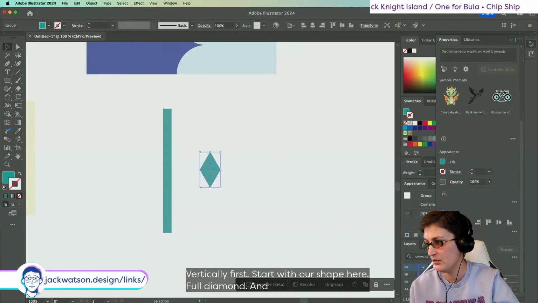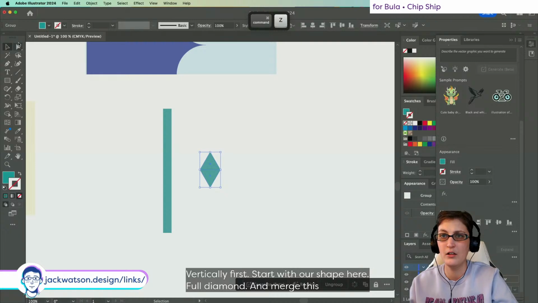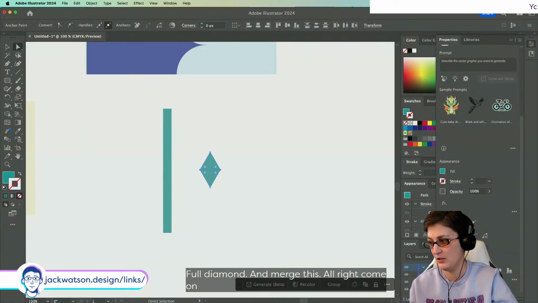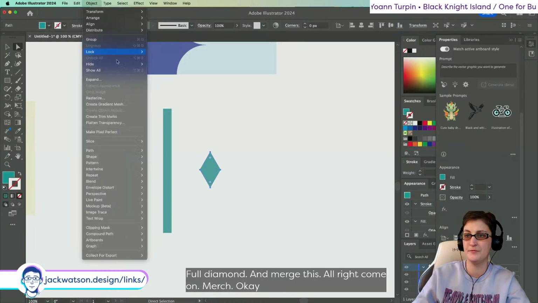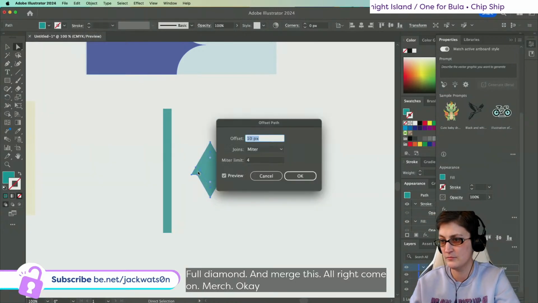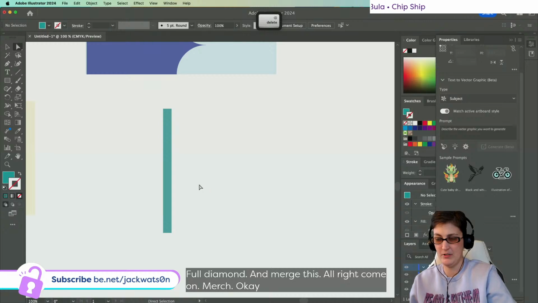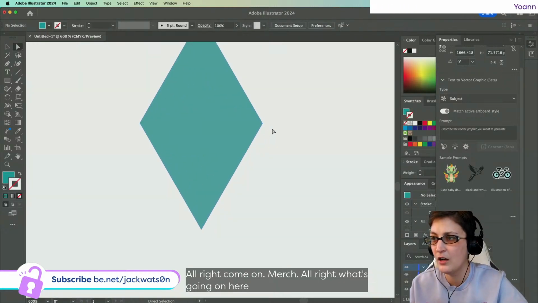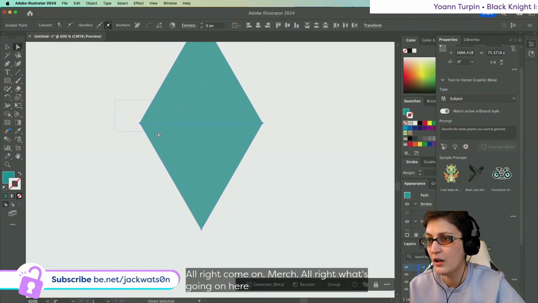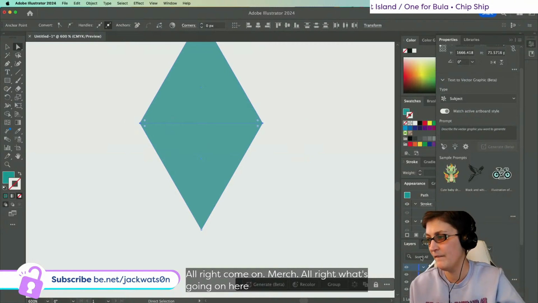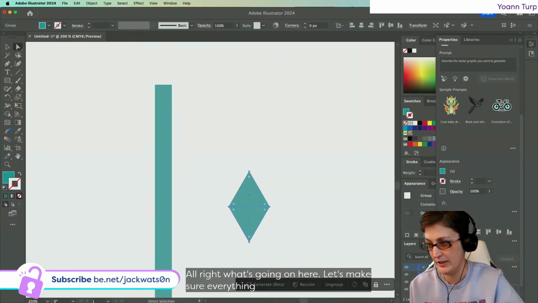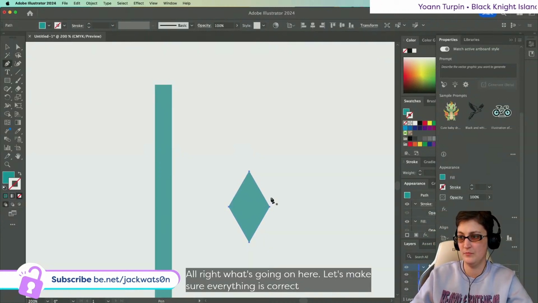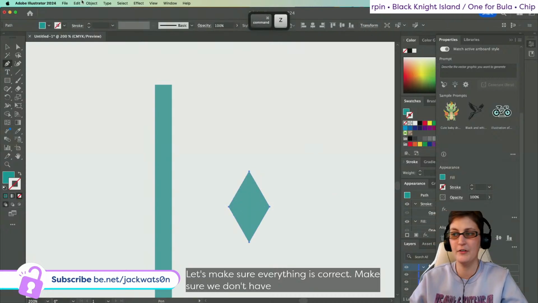Merge this. Alright, come on. Merge. Alright, what's going on here? Let's make sure everything is correct. Make sure we don't have duplicate points. Okay.